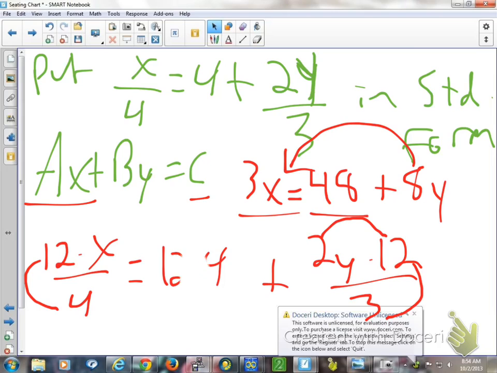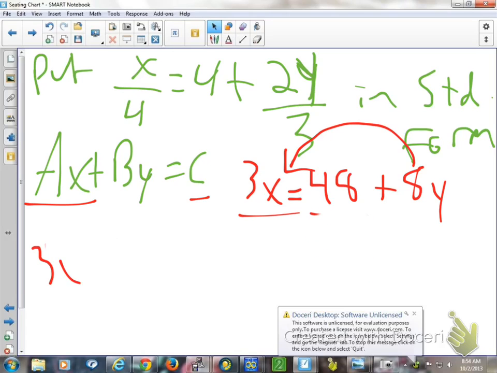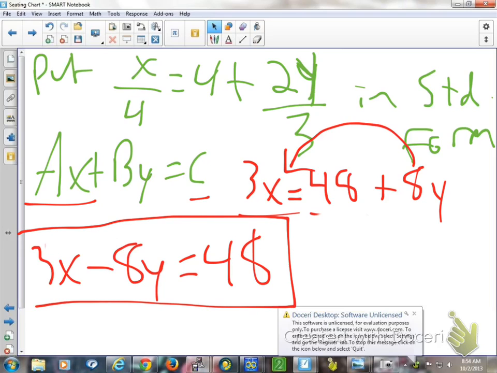Very good. I'm going to erase this part at the bottom because I need space here. All right, so that would be 3x minus 8y when we subtract it to the other side equals 48. And that is standard form.